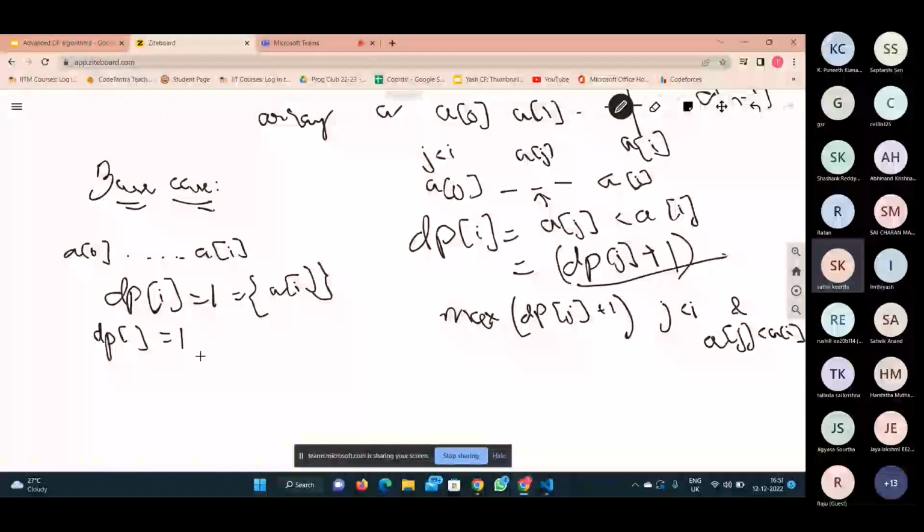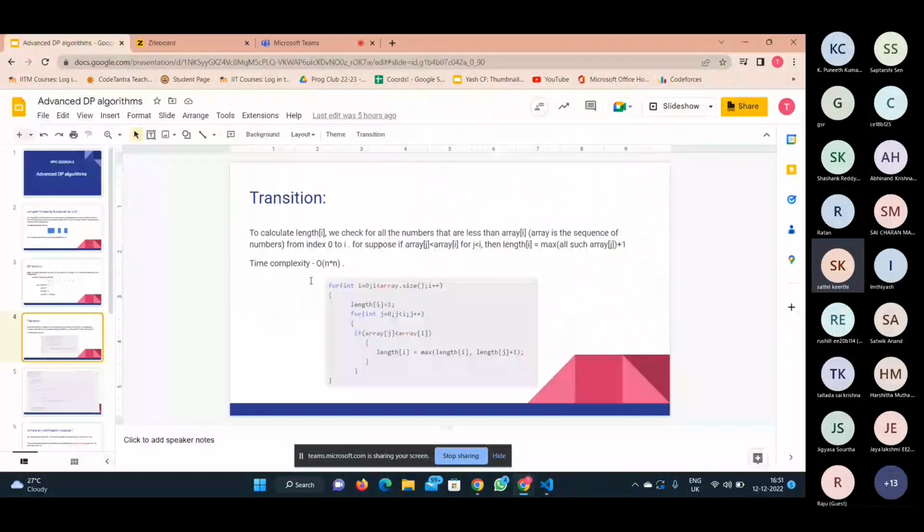I'll show you the code for the transition part. For I equal to 0 to array size, I initialize length of I equal to 1. Here, by the way, length is the dp array. So length of I equal to 1 is the base case, dp of all possible values equal to 1.